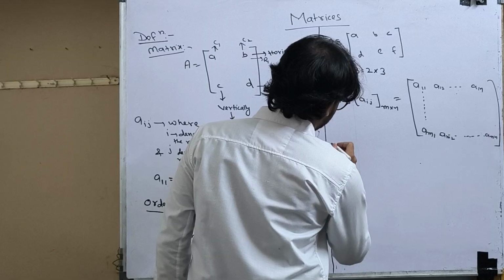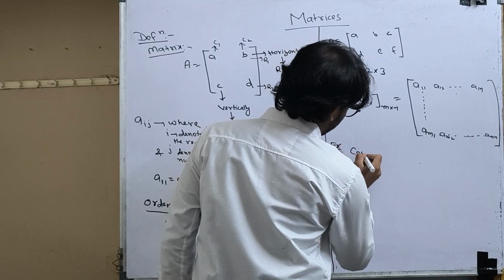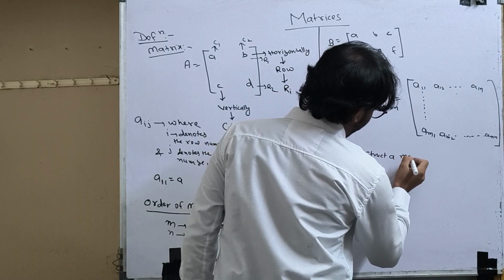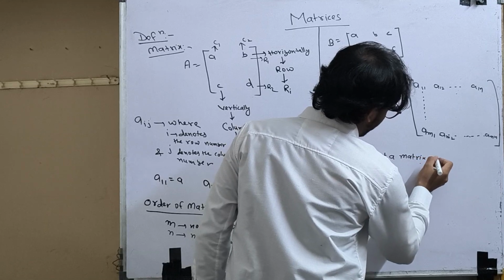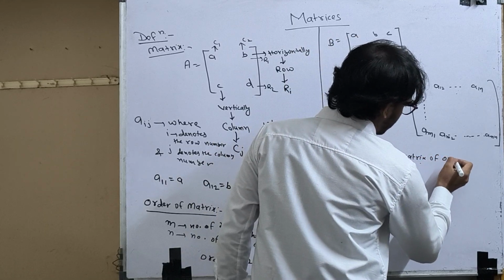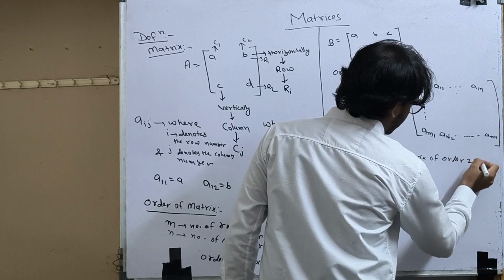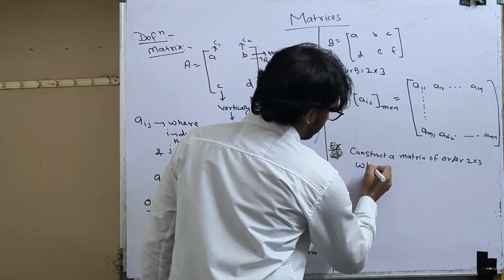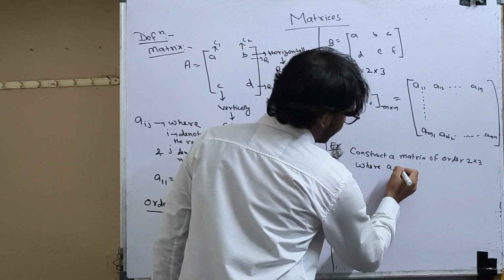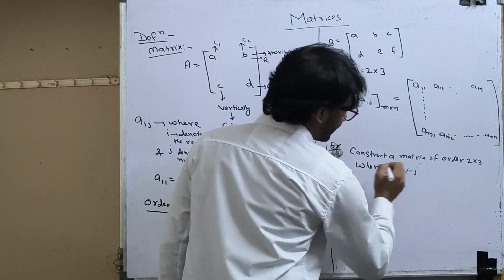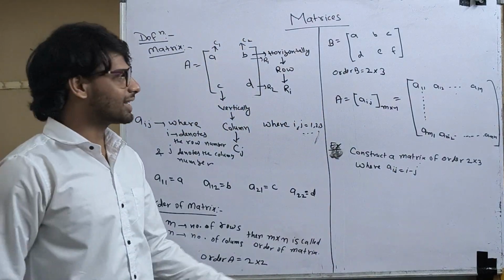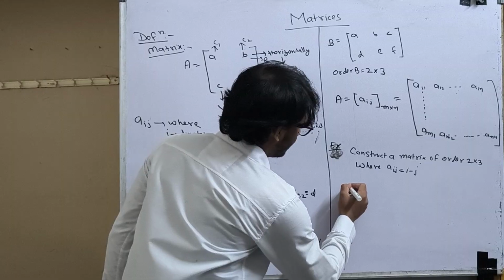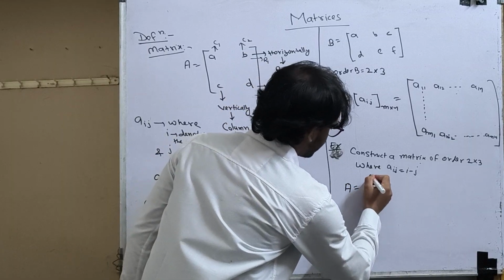Example: construct a matrix of order 2 cross 3, where the element aij is equal to i minus j. So first we write the general matrix of 2 cross 3 in the form of aij. We take matrix A.